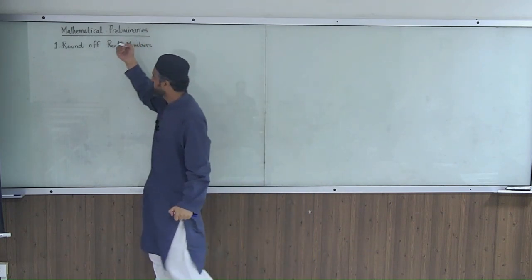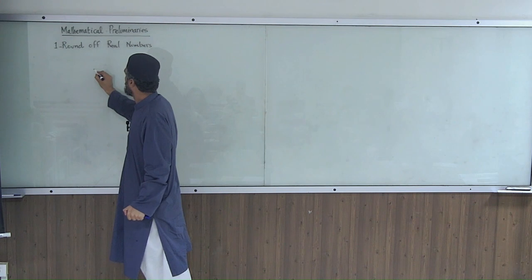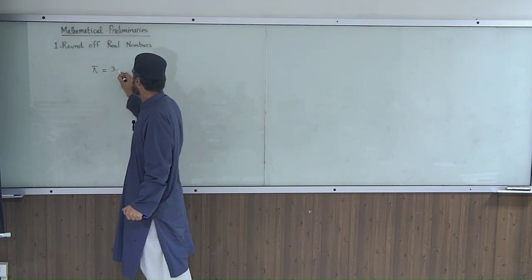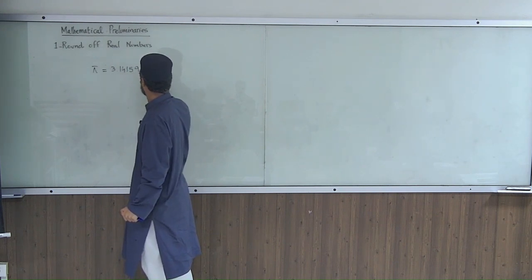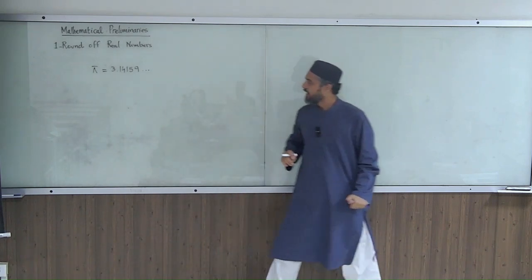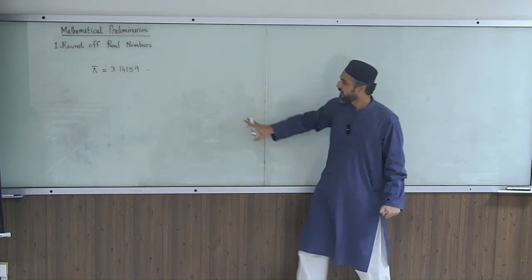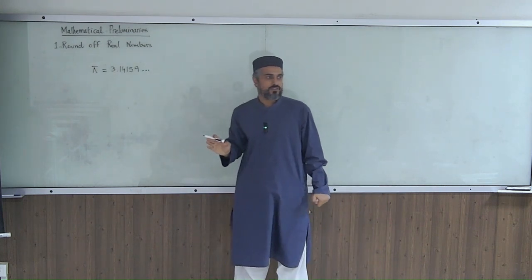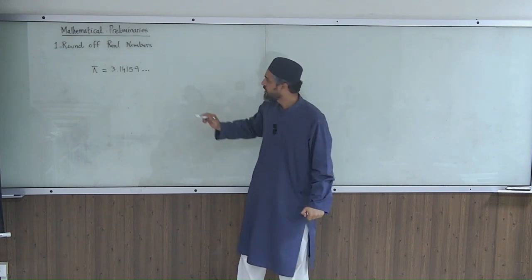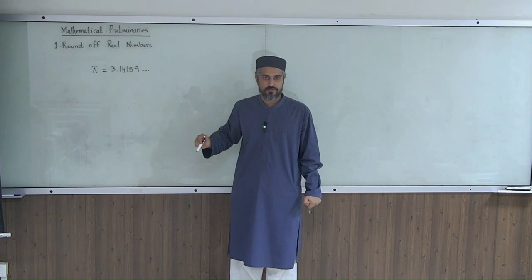Let me consider a number, let's say pi. It is 3.14159. I have just written the value of pi up to certain decimal places, and because it is an irrational number, its representation after the decimal point is infinite.